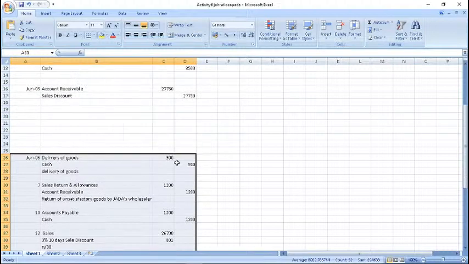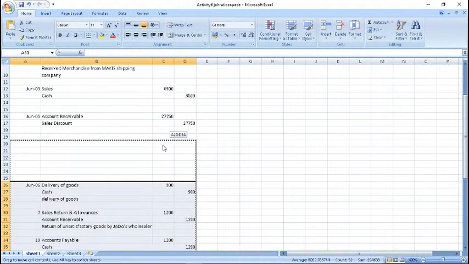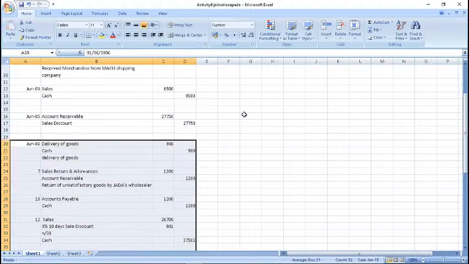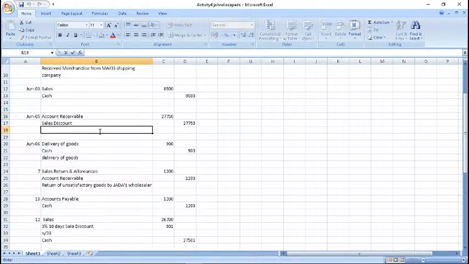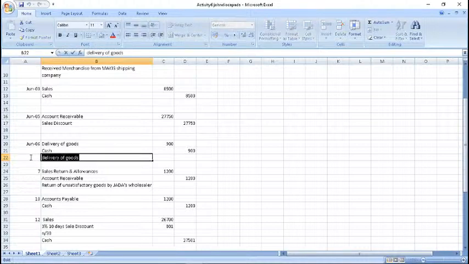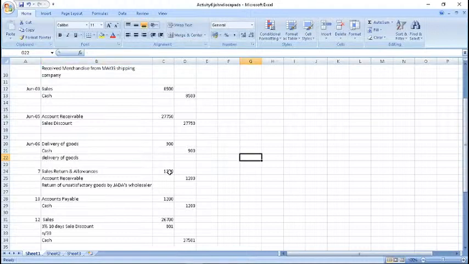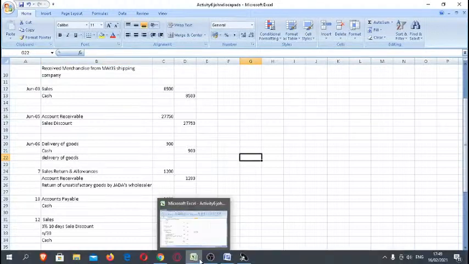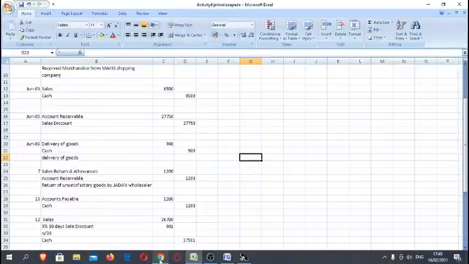Ibig sabihin, mababawasan ngayon yung pinurchase niya ng merchandise inventory. So the account term that you are going to use is the purchase returns and allowances. If you still remember yesterday, I told you there's a contra account which is the purchase returns and allowances.